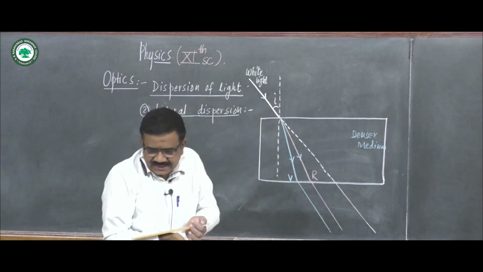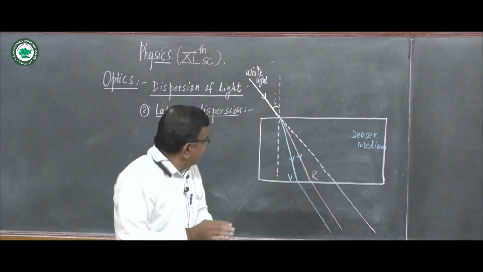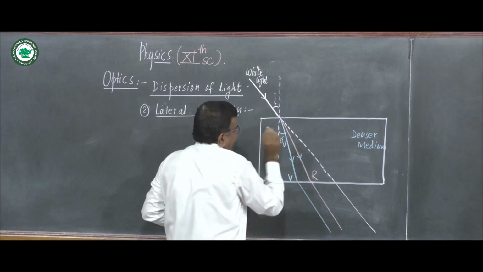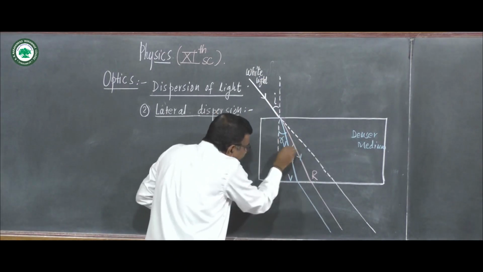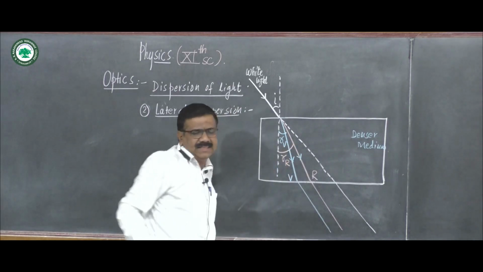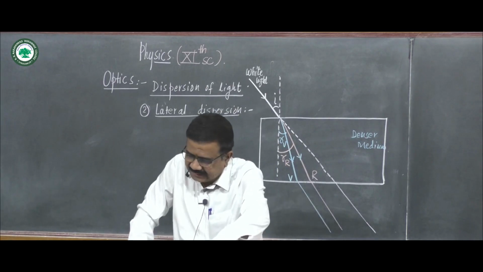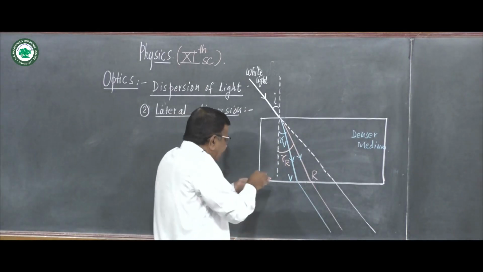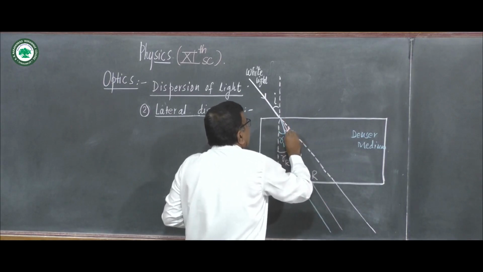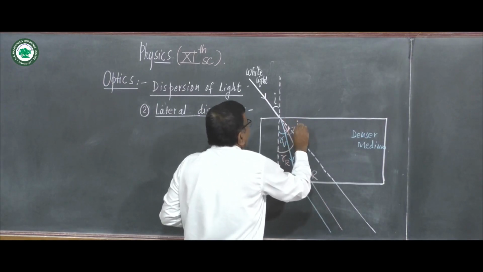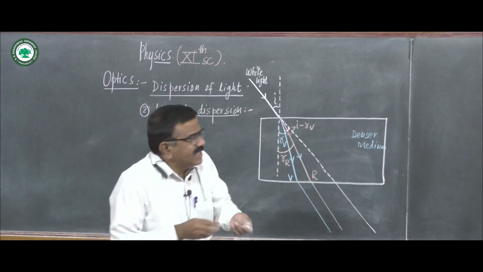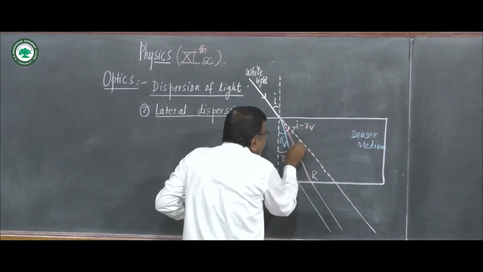Angle of incidence I. This is the angle of refraction for the violet, we call it RV. This is the angle of refraction for the red, we call it RR. Then automatically this angle is I minus RV, and this angle is I minus RR.